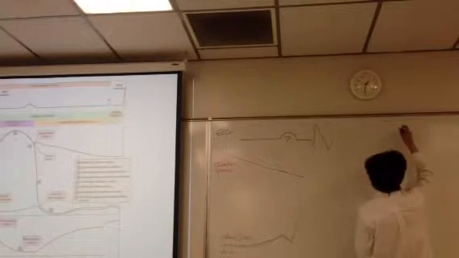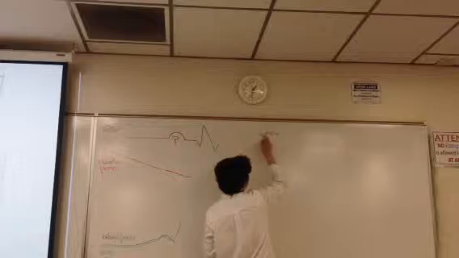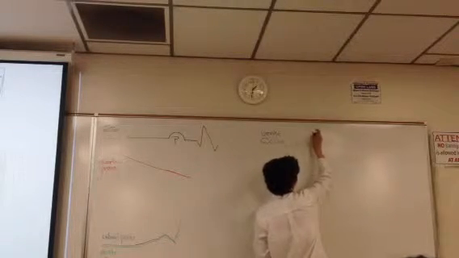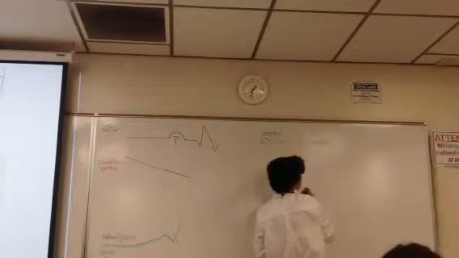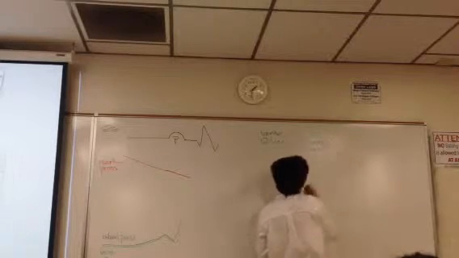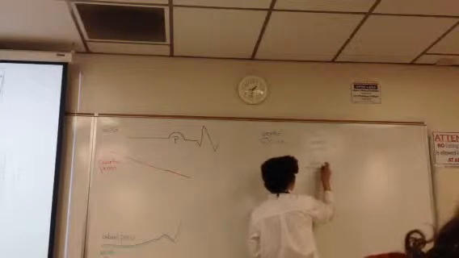So, when the heart is at rest, before we got to this point, what we call ventricular filling, the AV valves are open, or they continue to be open. Semilunar valves are closed.